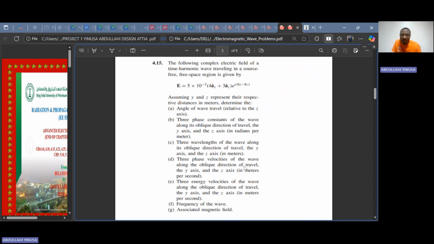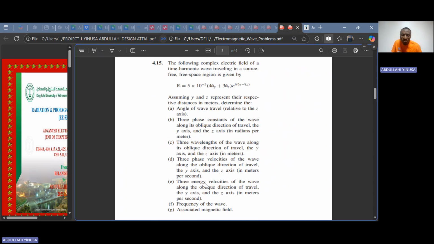So from here, you can understand that the first one, in the oblique incidence, is going to be the phase velocity, omega over beta. Omega is equal to 2 pi f over beta.